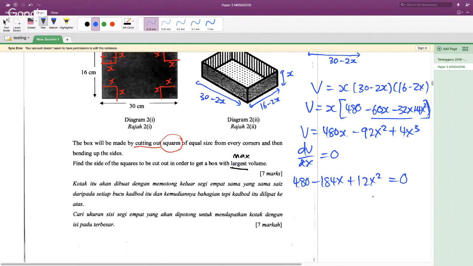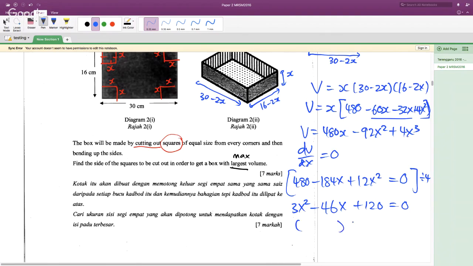I realize all the numbers can be divided by 4, so I'm dividing the whole equation by 4. So I will basically get 3x squared minus 46x plus 120 equals 0.